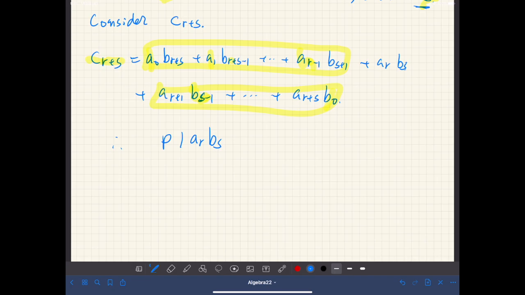So by the property of prime numbers, this implies p divides ar or p divides bs, which is a contradiction.